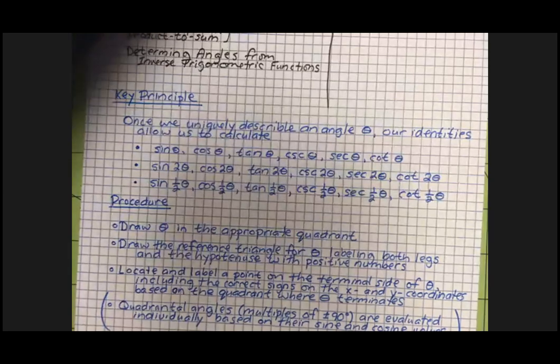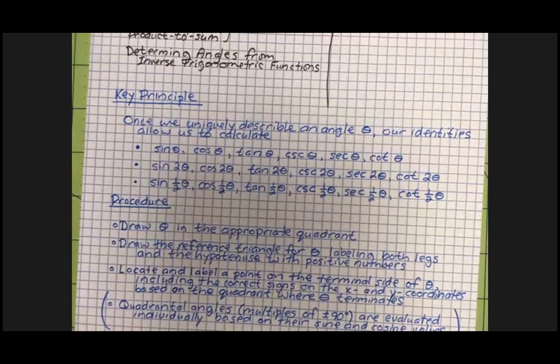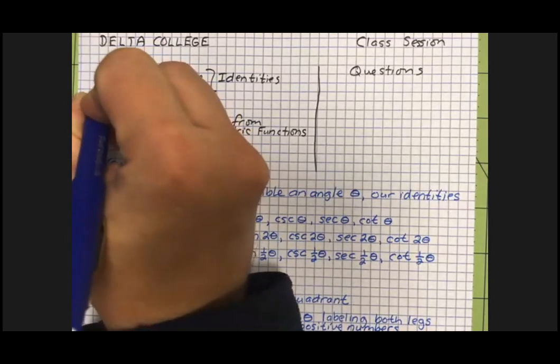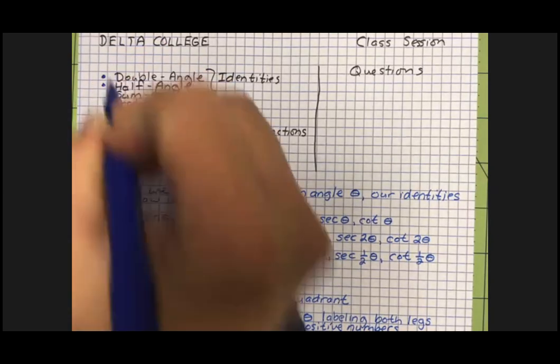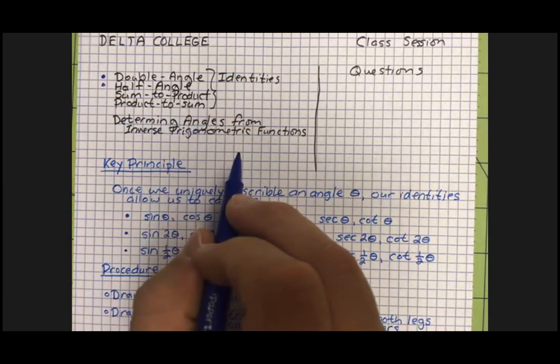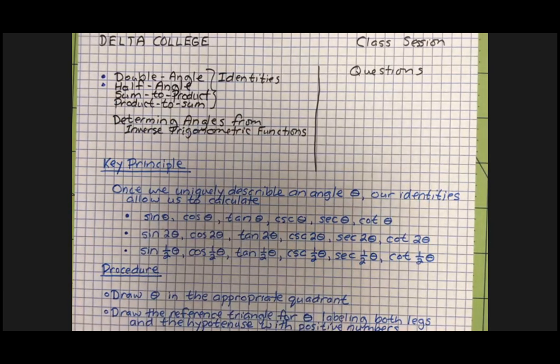But just to remind you about how all these identities go together. We've discussed double angle identities, half angle identities, and today we'll finish the sum to product and product to sum identities. But just to remind you how all these angle identities go together and their purpose, think about this key principle that we tried to state last time.